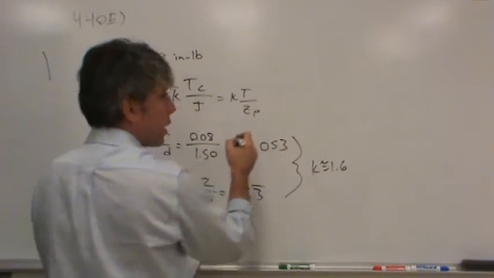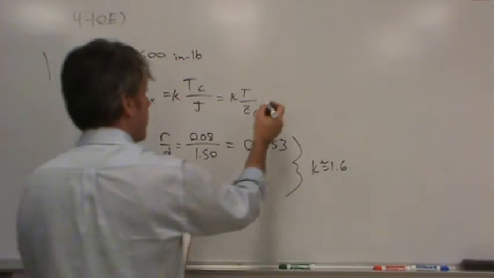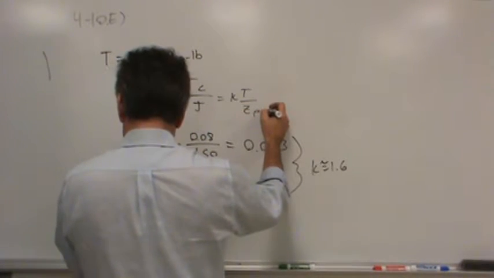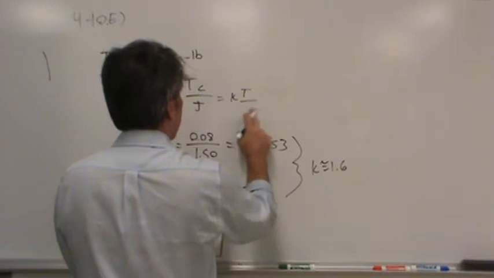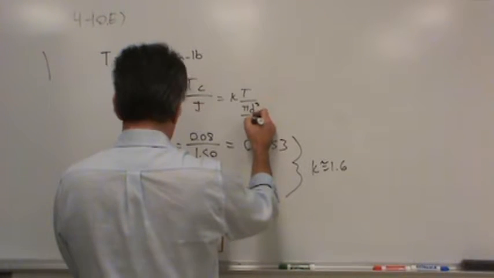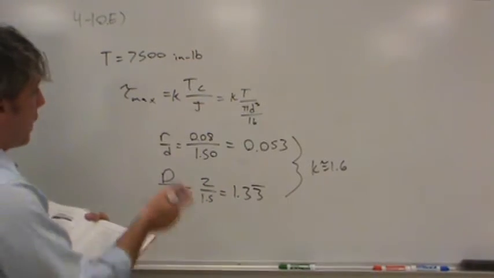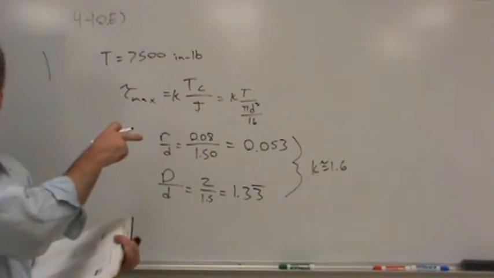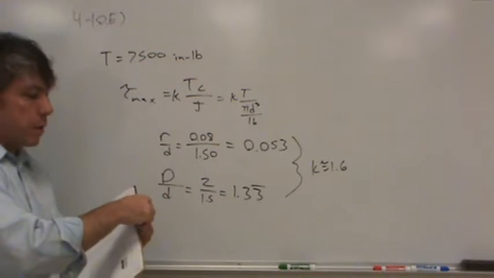I can cheat and read the slides for right now. We know that the polar section modulus is just pi d cubed over 16. Now, if we use the larger diameter here, that's actually going to decrease the stress, right? Because the stress is inversely proportional to the cube of the diameter.